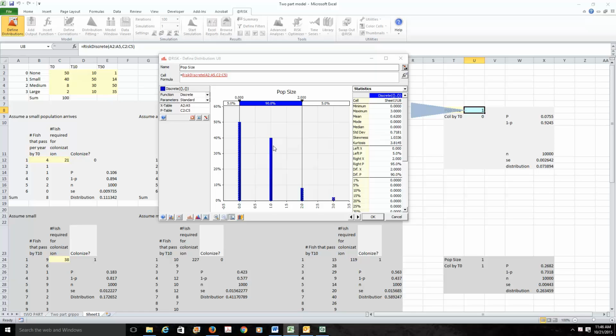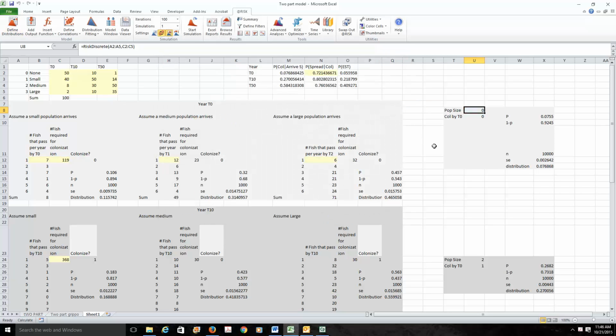We have 1, that goes up to 40%, the same as this value. 2 goes up to 8%, and that's this, and 3, of course, is 2%. So in other words, this distribution here was constructed using these weights that our expert gave us for the year t0.